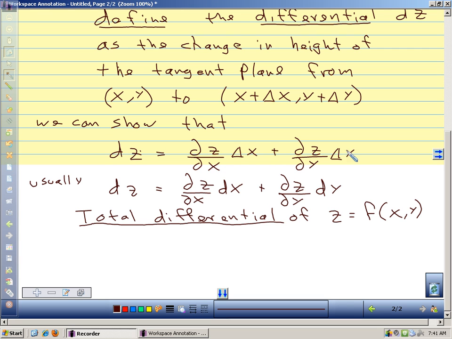Eventually, delta z and dz turn out to be the same thing in the limit. Just like in single variable calculus, as our little change in our variable gets smaller and smaller, our linear approximation becomes a better and better approximation to our function.